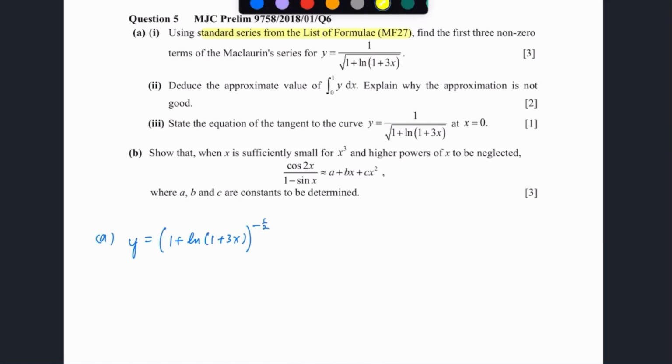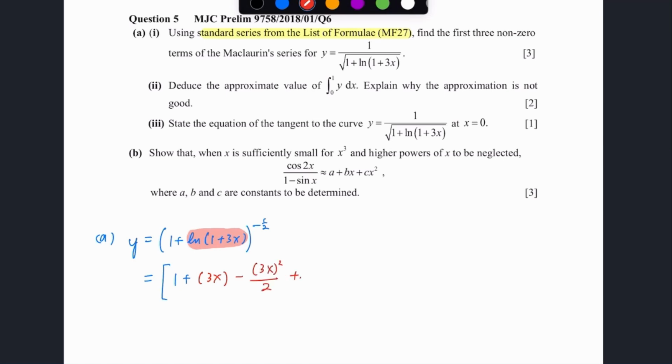Now we are using the Maclaurin series for this one. The Maclaurin series is ln(1 plus x), right? So here we just need to replace everything with 3x. So we have 3x first, and the second one would be (3x) squared over 2.